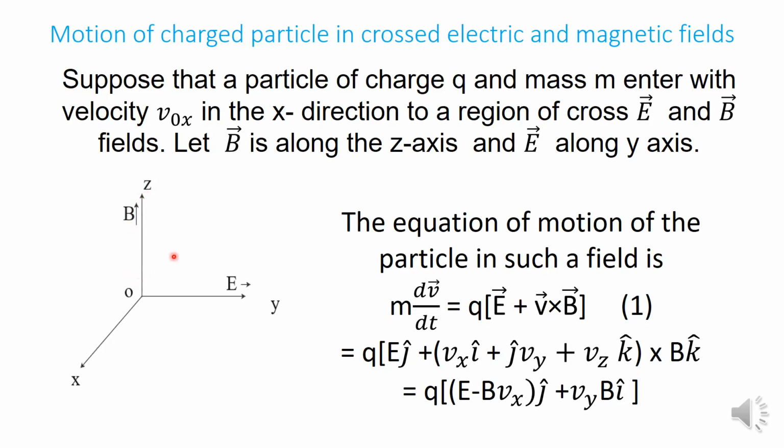Suppose that a particle of charge q and mass m enters with velocity v0x in the x direction into a region of cross electric and magnetic fields. Let magnetic field B act along the z direction and electric field E act along the y direction.